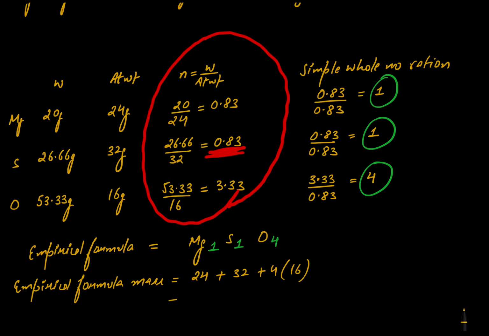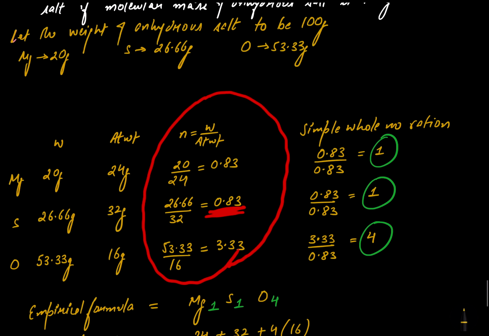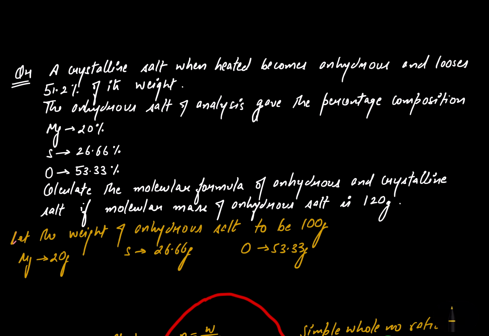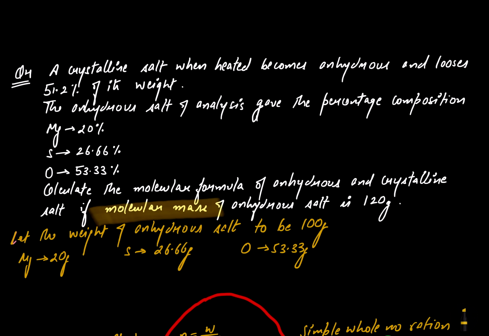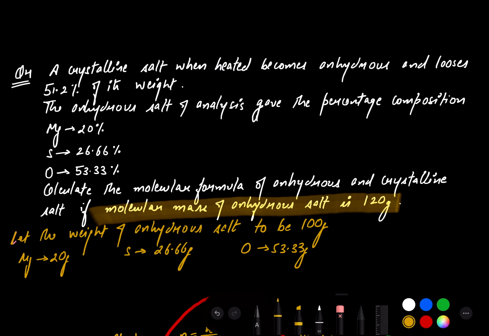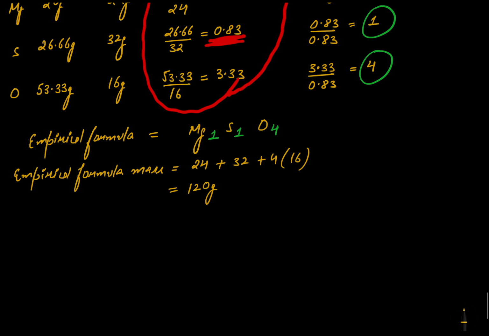Now this addition comes out to be 120 grams. So now let's come back to the question. In the question, what is given? The molecular mass of the anhydrous salt is 120 grams. So I got the molecular mass of 120 grams in the question. So I'm coming back to my formula over here.